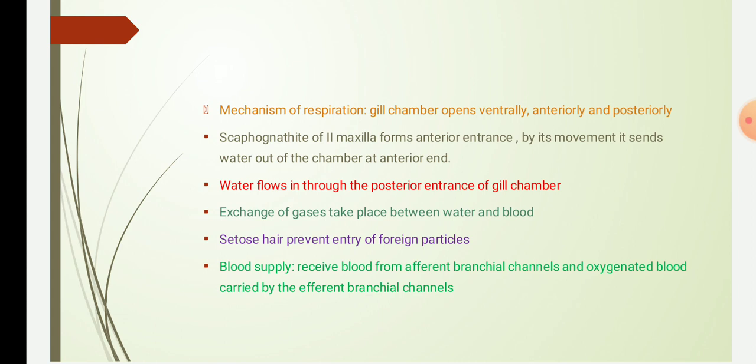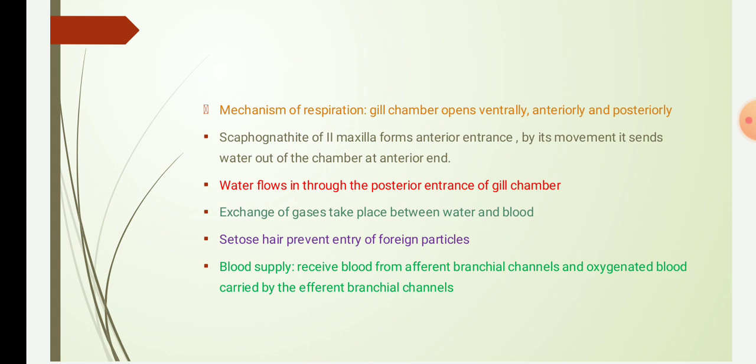And the movement of the scaphognathite will create a water current, and it sends out water from the gill chamber through the anterior end. Okay, and then what happens, due to the loss of water, water flows in through the posterior entrance of the gill chamber.